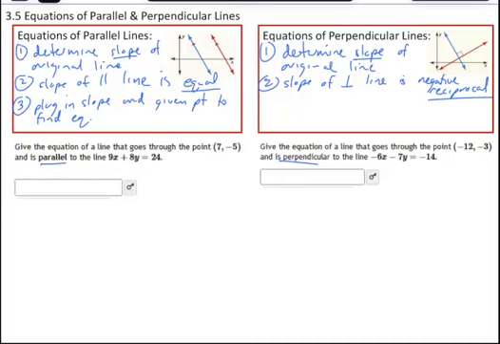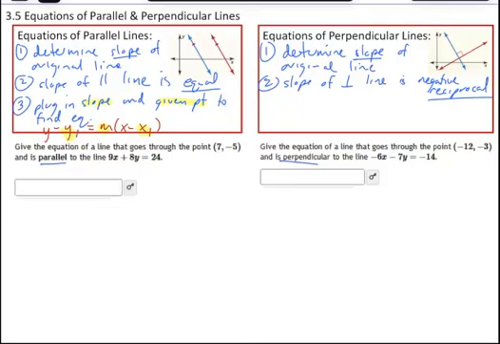If they don't specify it has to be in one or the other, point-slope is going to be a bit more efficient. You can write your answer a little bit easier. And remember, that looks like this, where from the given information, you find the slope, you find the x coordinate and the y coordinate of your given point, and those are the pieces that you insert.